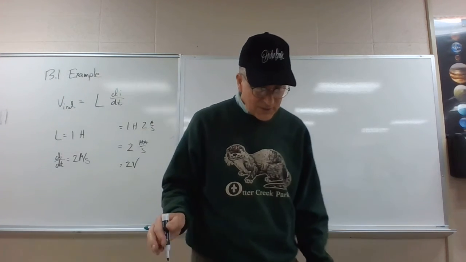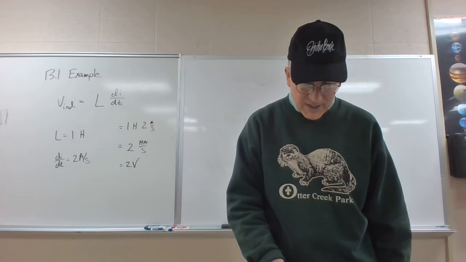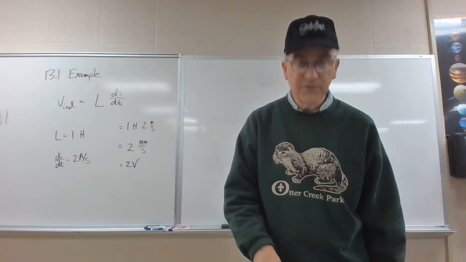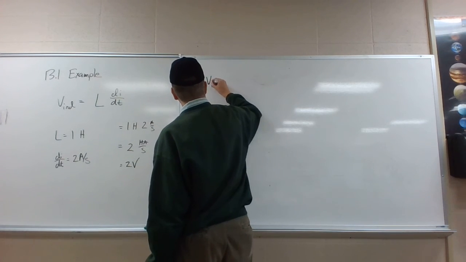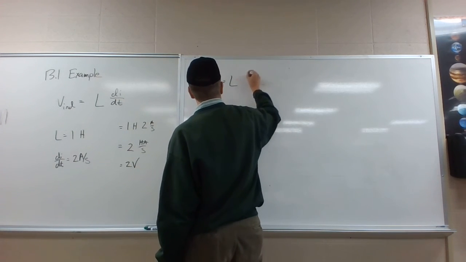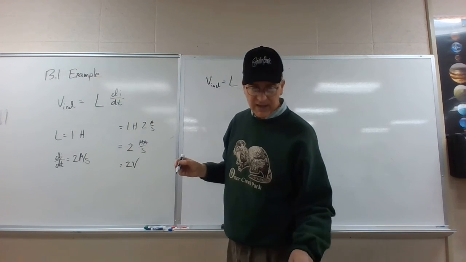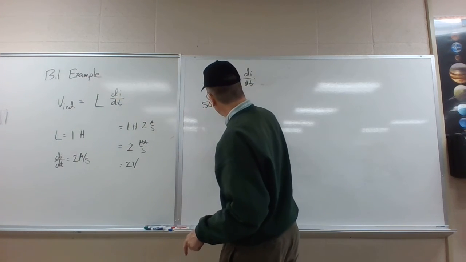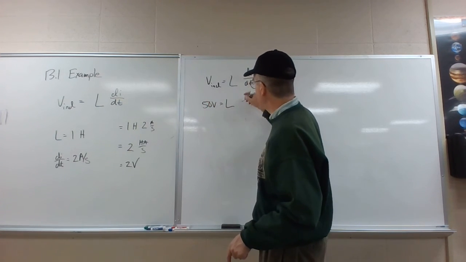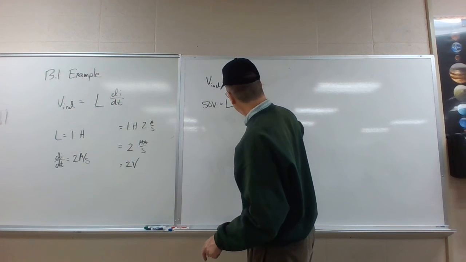Then the related problem says determine the inductance when a current changing at a rate of 10 amps per second causes 50 volts to be induced. So we have, again, V induced equals L di dt. We have 50 volts induced, L is the unknown, and the change is 10 amps per second.